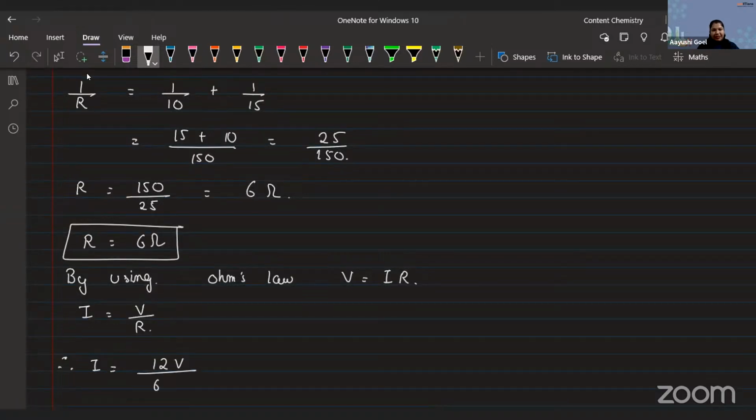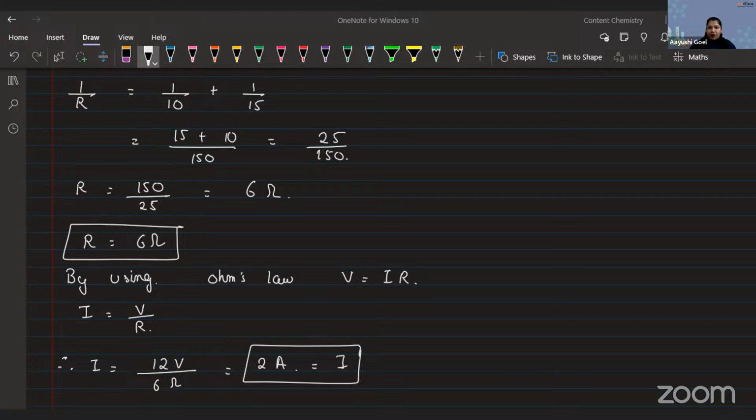R is how much? 6. So it is equal to 2 ampere. So I don't need to write hence resistance is this, hence the current is this. I can just put it in a bracket, or put it in a circle, or put it in a square, so I can get the answers. And it will look presentable also.